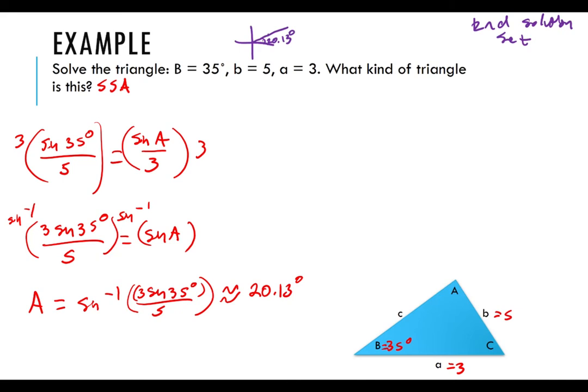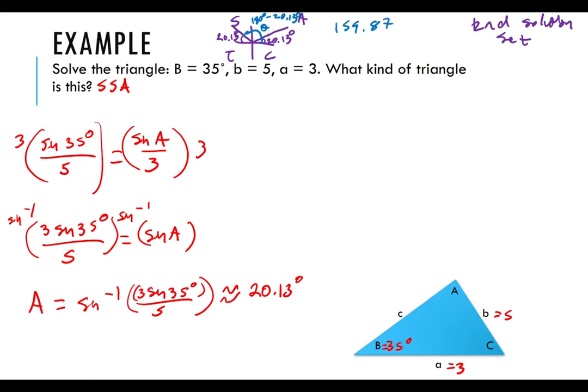But because we found an angle measurement in quadrant 1, recognize that, by all students take calculus, we could also have a second solution set over here, where this reference angle of 20.13 occurs. So what does that mean? I need to calculate what this angle is. This angle is going to be 180 degrees minus 20.13 degrees.